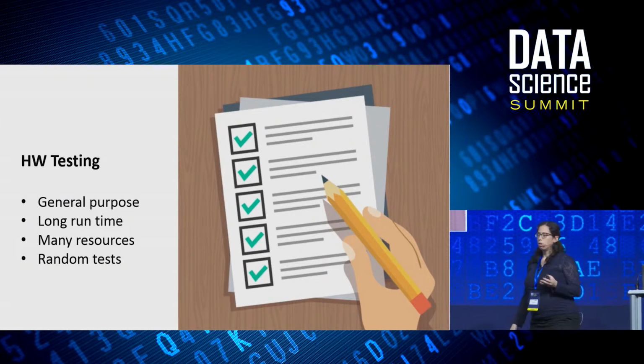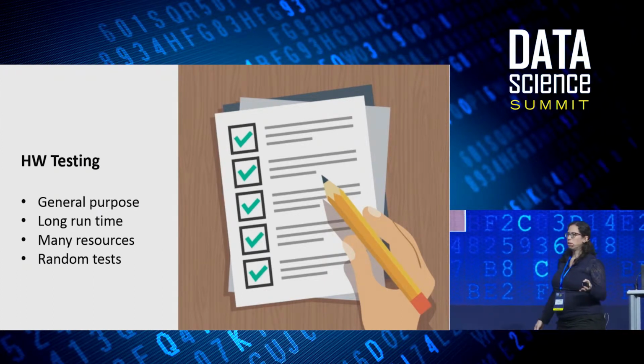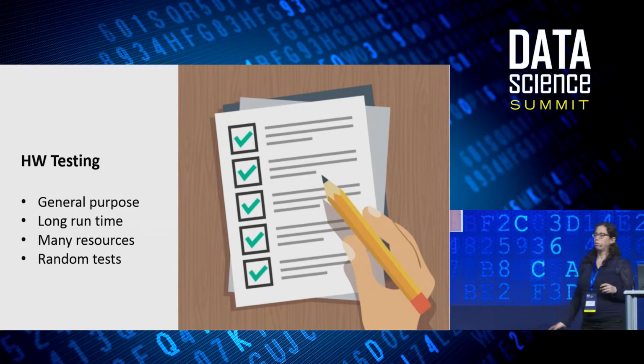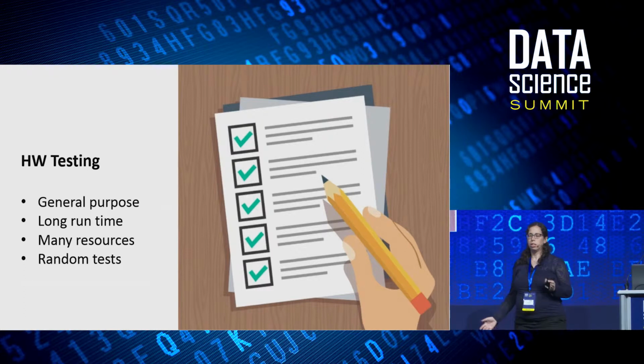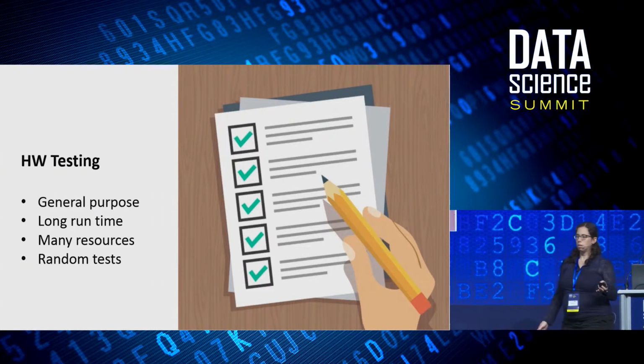In software, developers can write unit tests that check each functionality of the code. But in hardware, the code is too complex. They can't write unit tests. They can't write tests for each functionality, and they need to use general purpose tests.